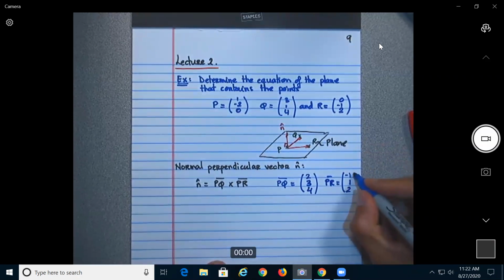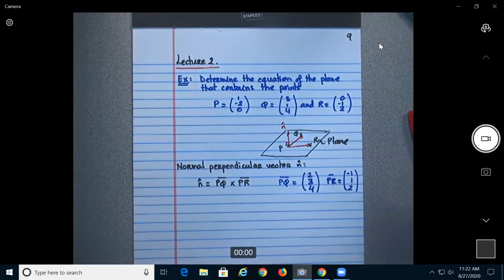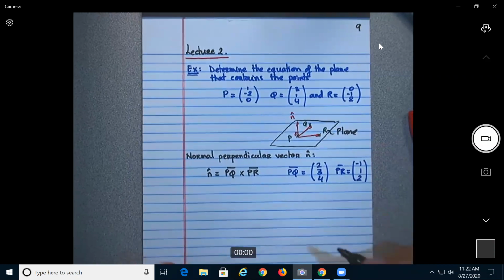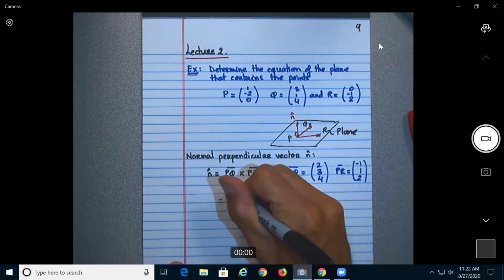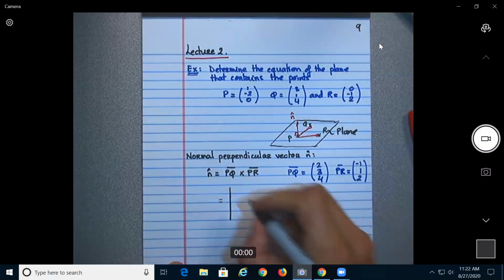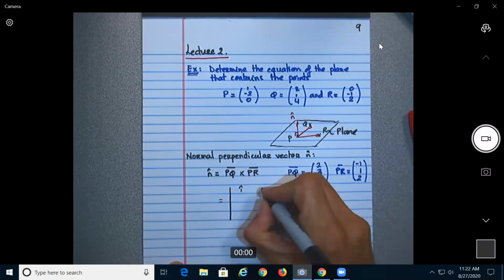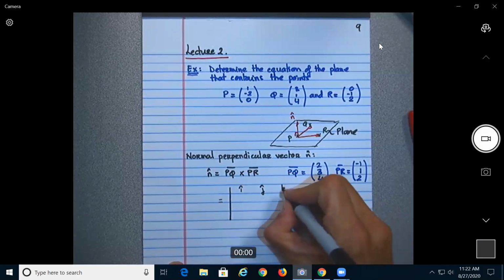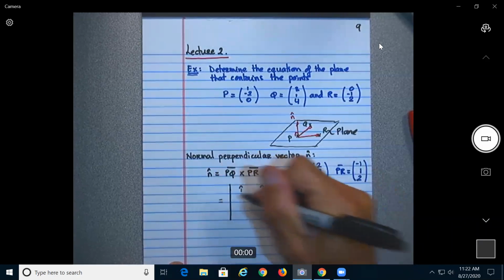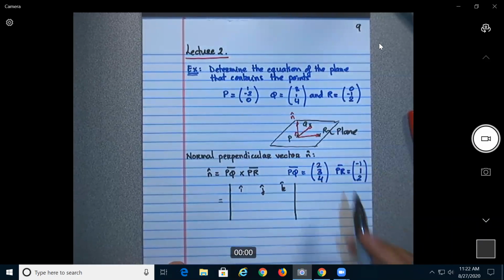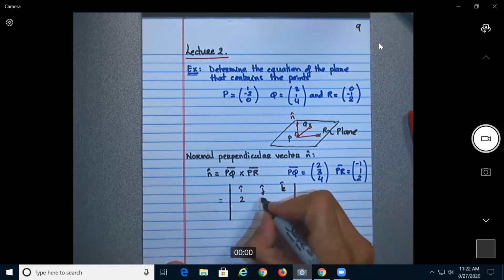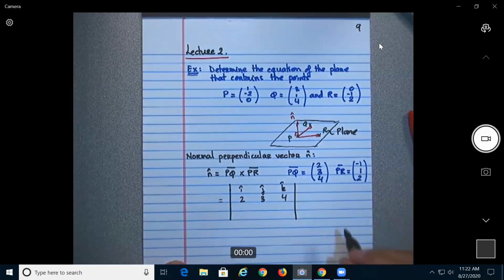Okay? So we're going to do the cross product the easy way, which is to use the matrix form. So we're going to have i, j, k. Then we can have here the vector PQ, which is 2, 3, 4. And then PR will be -1, 1, 2.